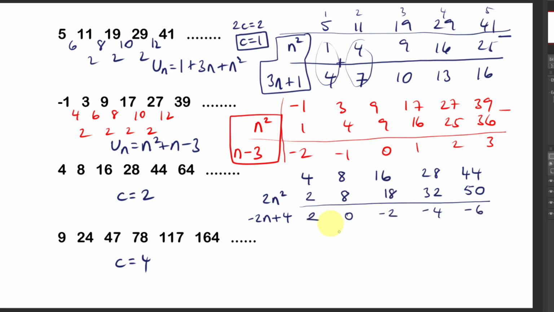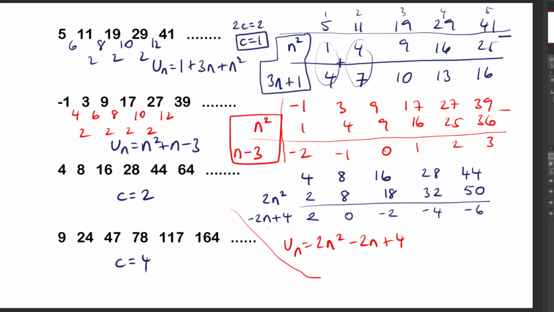Now be careful here because this sequence is going down by 2 each time. So it must be minus 2n, and the number before the first one would have been 4, following this pattern. So our final answer is that the formula is 2n squared minus 2n plus 4.